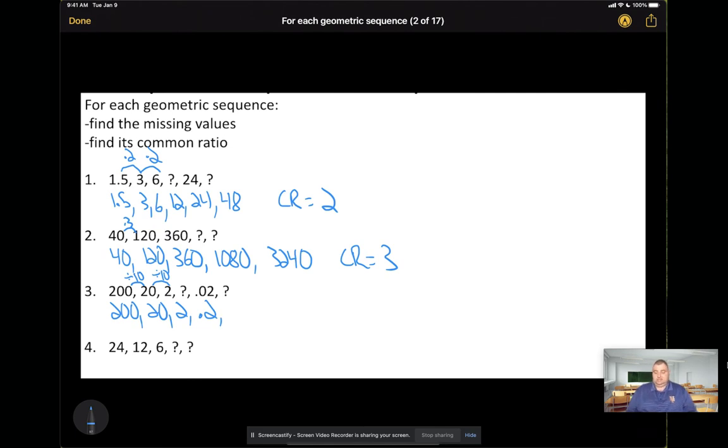So the question is 0.2 divided by 10 equal to 0.02? And I just did it on my calculator, and it indeed is. So 0.2 divided by 10 is 0.02. And 0.02 divided by 10 is going to be 0.002. So those are the missing values.